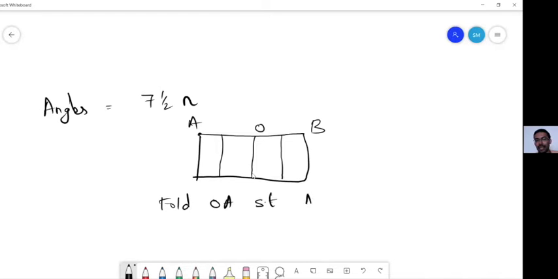Now I will show you what I mean. This is the point A. Now fold it so that it touches this line.